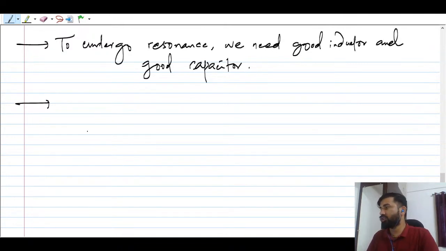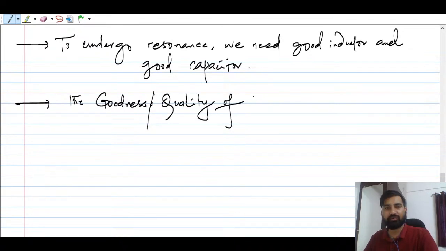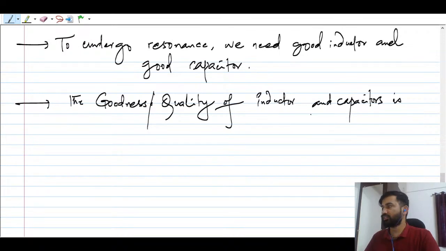So the goodness, or you can say the quality, of inductors and capacitors is measured in terms of quality factor.